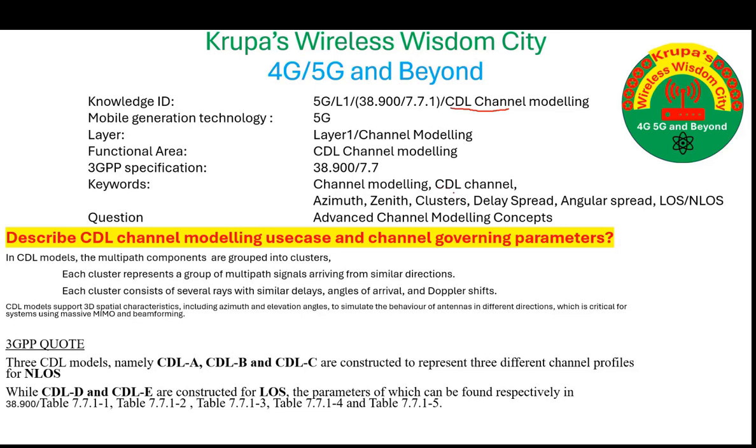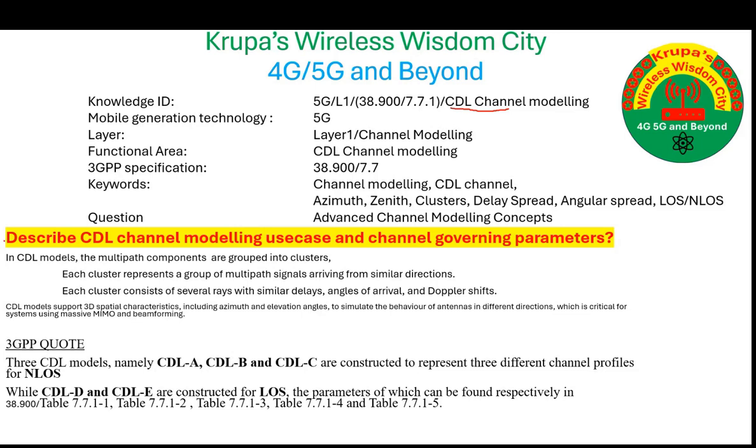Today's will be CDL, the cluster delay line channel model. We will go through the parameters governing the CDL channel, such as azimuth, zenith, cluster, delay spread, angular spread, LOS, and NLOS. This comes under advanced channel modeling concepts in your product design.